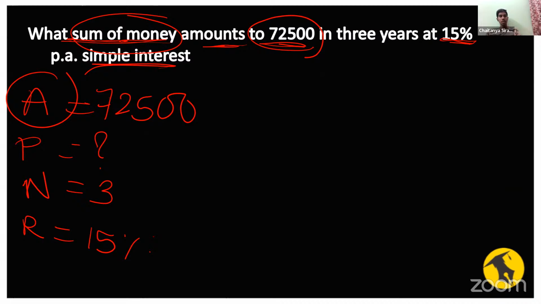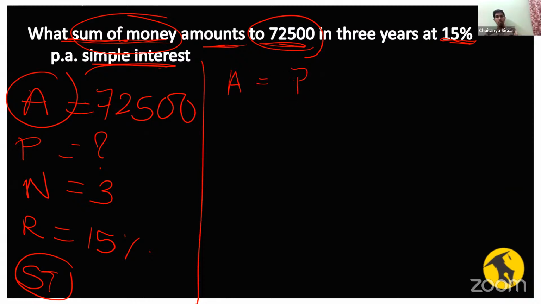Here you don't have SI. So can you find SI? We have the relationship: amount equals principal plus simple interest. What's my simple interest by formula? It is P N R upon 100.